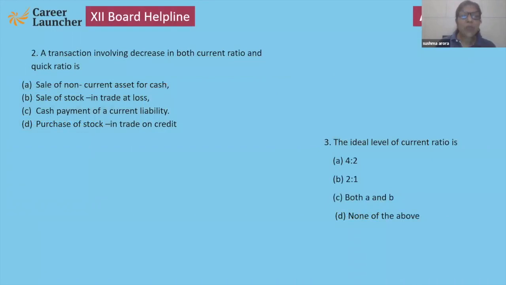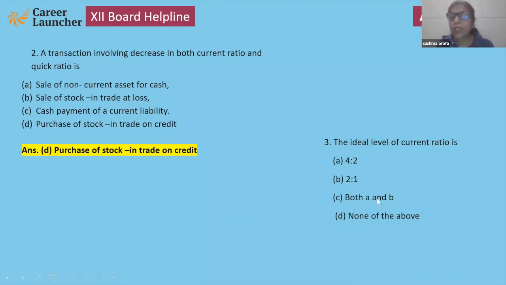Good. Now see, a transaction involving decrease in both current ratio and quick ratio. Question number 2: current ratio and liquid ratio both will decrease when there is purchase of stock in trade on credit.